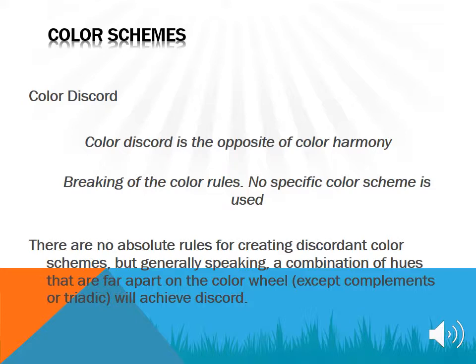There are no absolute rules for creating discordant color schemes, but generally speaking, a combination of hues that are far apart on the color wheel, except in complements or triadic, will achieve discord. So, color discord is not following any color rules or previous schemes. There's no specific color scheme being used in color discord.